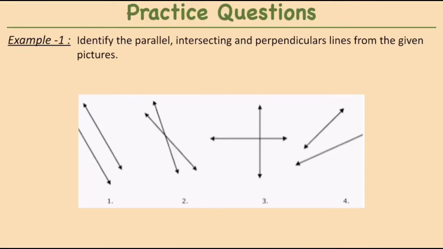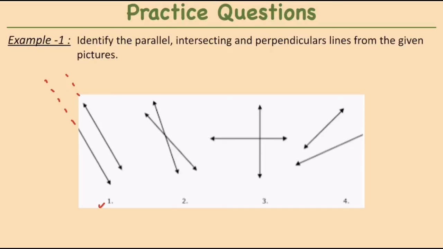Now we will practice some questions. In this example, we are seeing some lines. Now we will classify these lines into parallel, intersecting and perpendicular lines. In question number 1, if you extend these lines, they never intersect at any place.